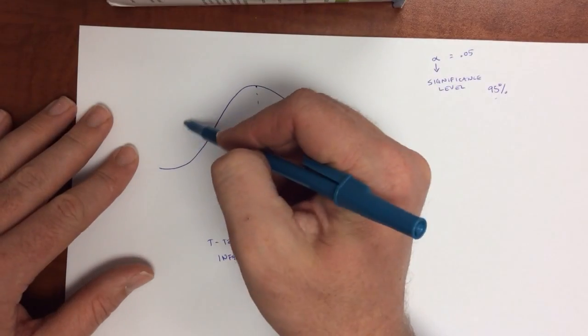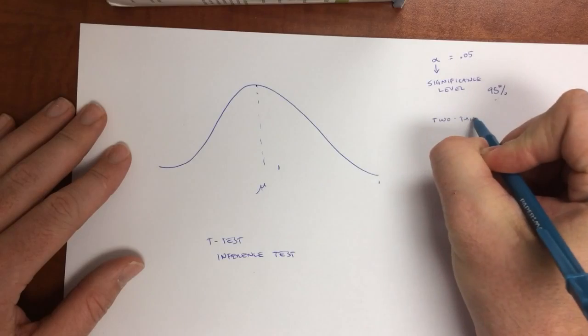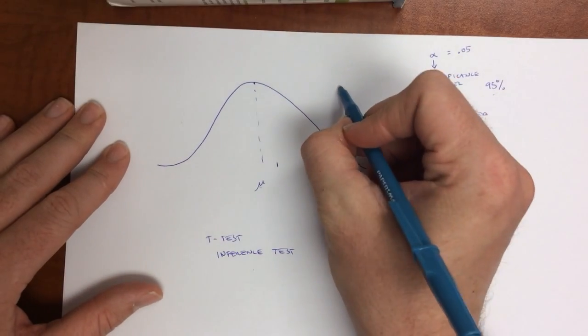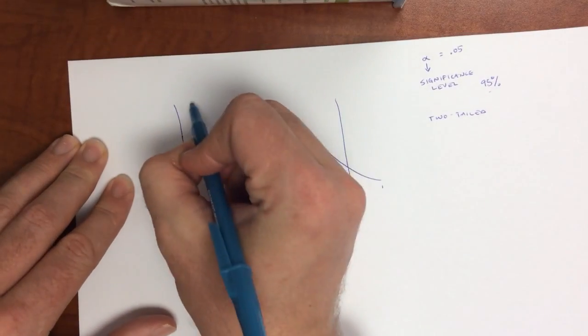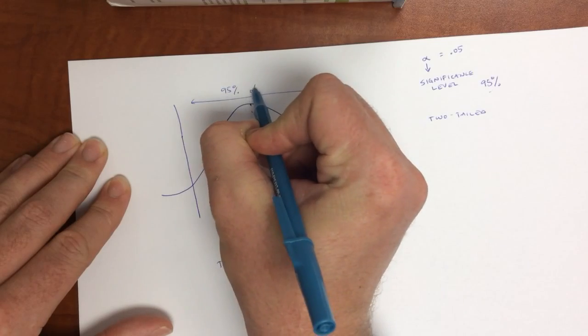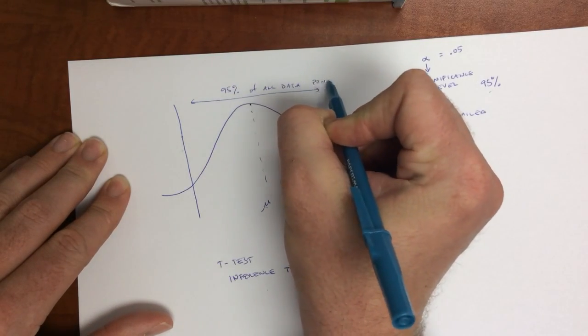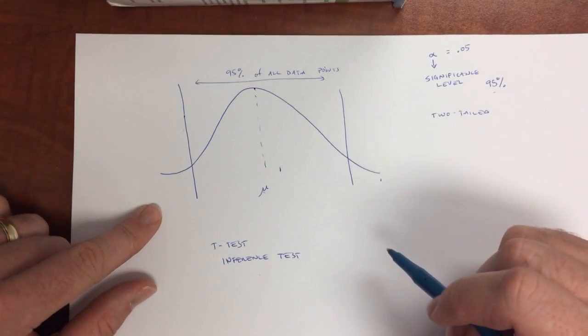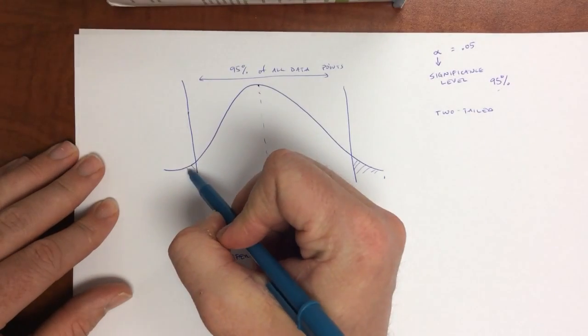So for 95%, and we're going to focus on what's called a two-tailed test, I want this range here to be 95% of all data points, and that means these tails here are what's left over.